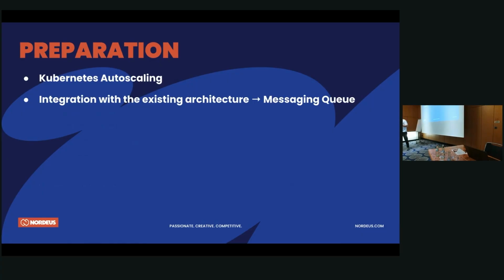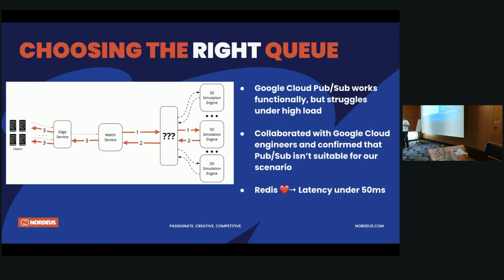The Pub/Sub engineers told us that Pub/Sub was not optimized for that use case and that we should look for some other solution. And luckily, we found Redis and got latency under 50 milliseconds.